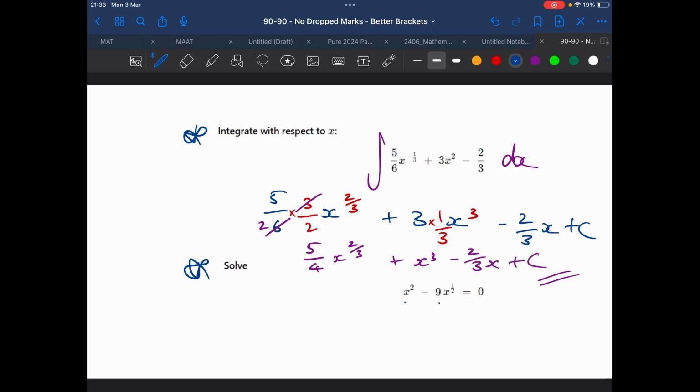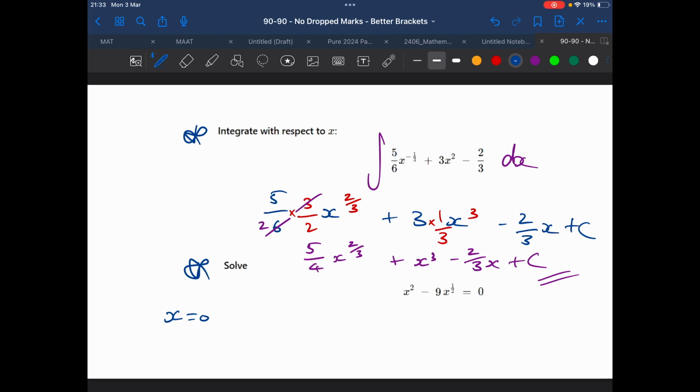Over here, notice that because you can take out x to the half and it leaves this situation, the x bit again could be 0. Or you can just test it by saying, 0 take away 9 lots of 0 is 0. So it definitely works. So x equals 0. And let's investigate some other solutions.